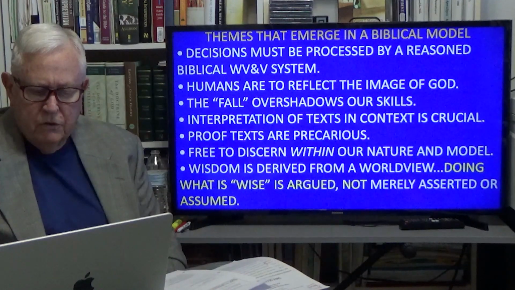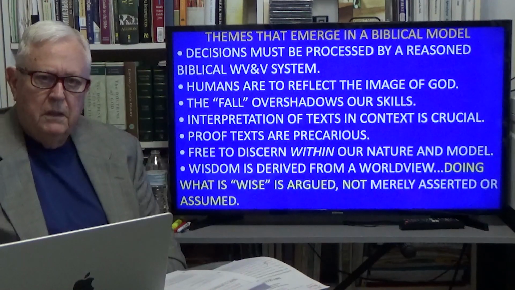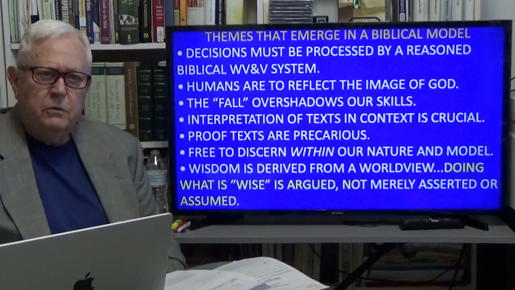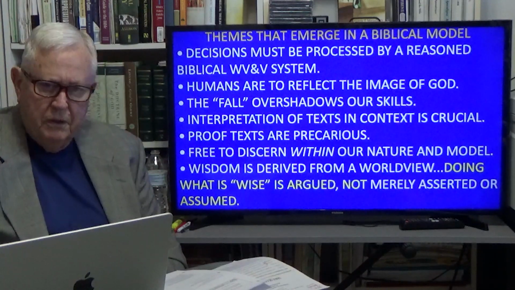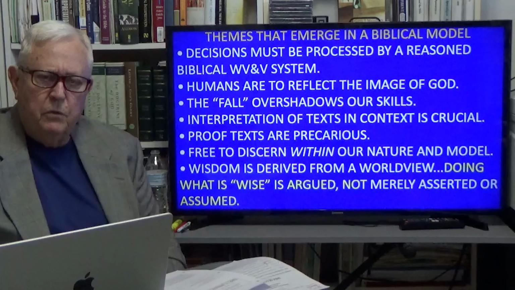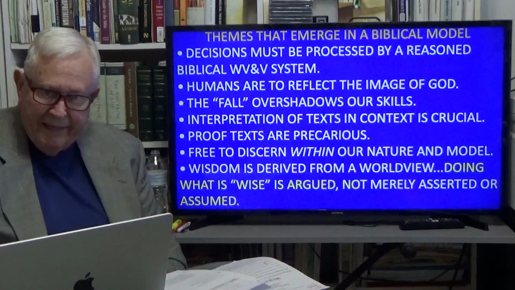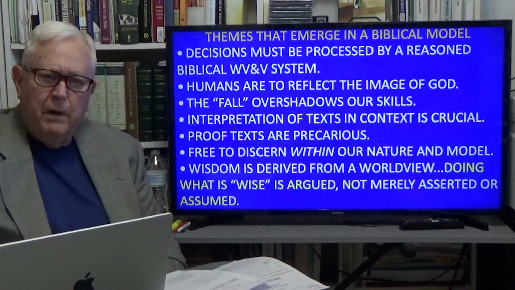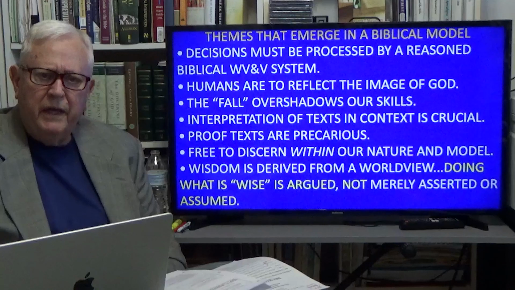All right? So it's got to be in context. Proof texts are precarious. Like someone said, a person with a proof text is a person with a pretext. What that means is they're using the words of that text to say what they want to say. You can't do that with the Bible. You can't just cherry pick verses to create what you want to hear.